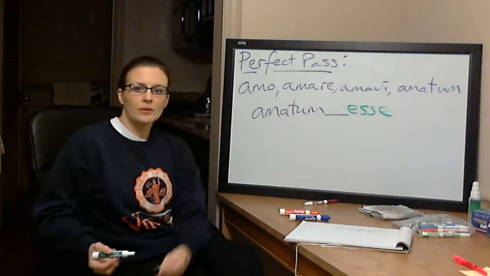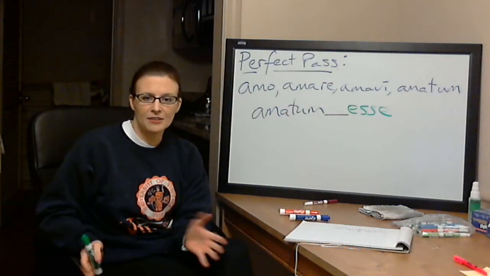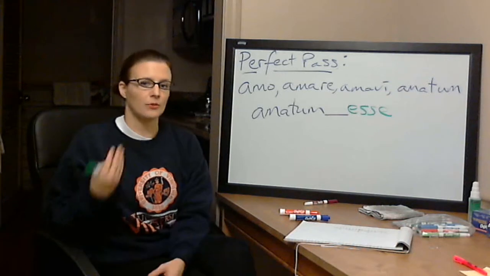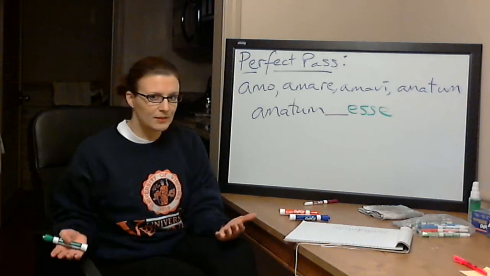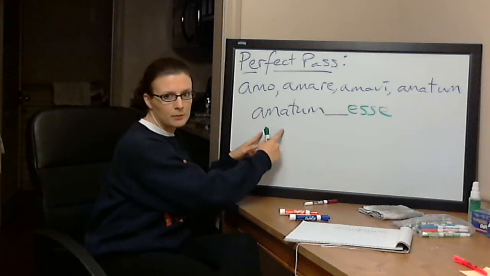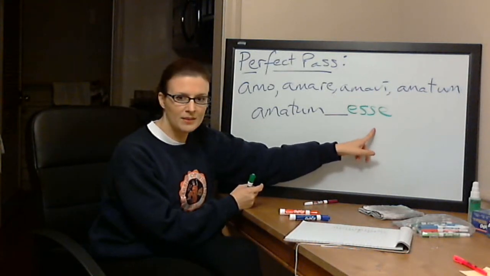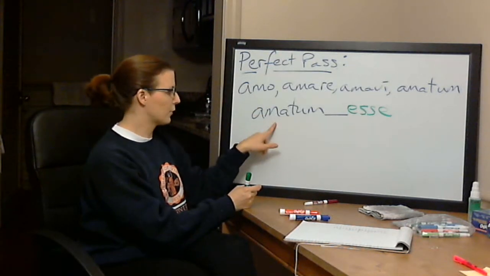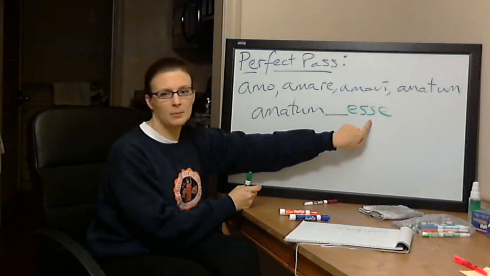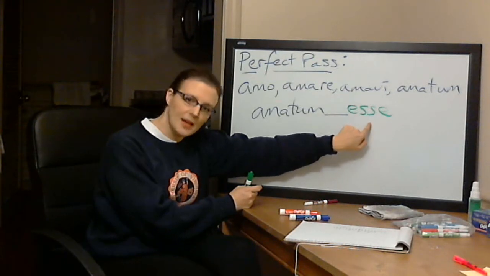So just like when we were looking at our perfect passive system for normal conjugated verbs, it was the fourth principal part plus the form of the verb to be. Well, for the infinitive, the same logic applies. You take your fourth principal part plus your form of to be, that's the infinitive. So we're getting everything about the definition of the word from the fourth principal part, but we're getting the actual aspect of it as an infinitive from the esse.